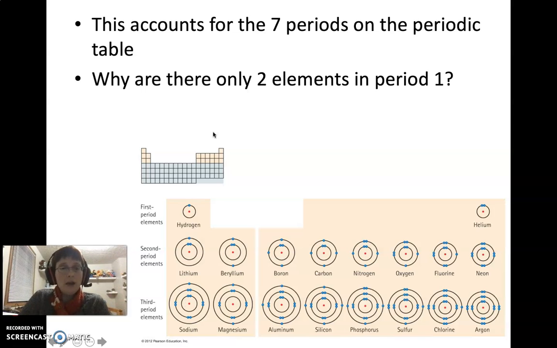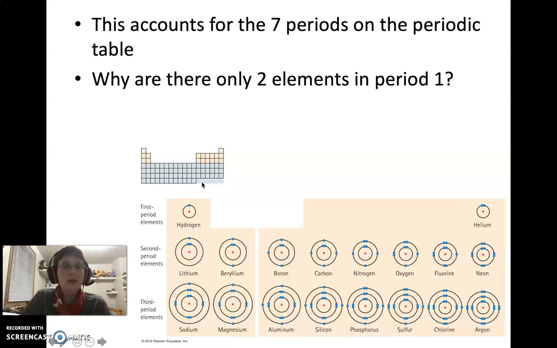If you count them across here, I can guarantee you there are 18 elements in the fourth period, because this is the 4th shell and the 5th shell, so there's 18. And then if you go to the 6th shell or the 6th period, how many would be there? 32.